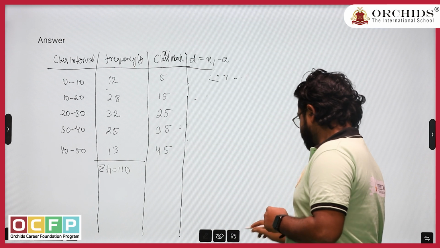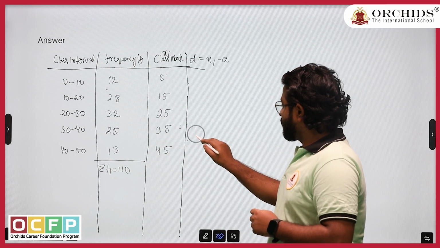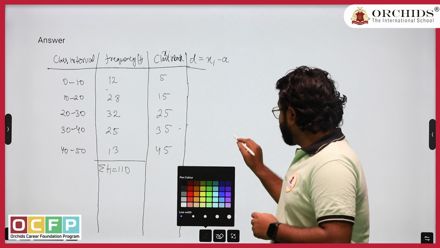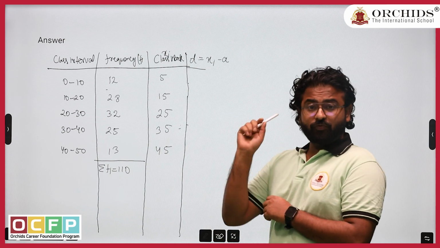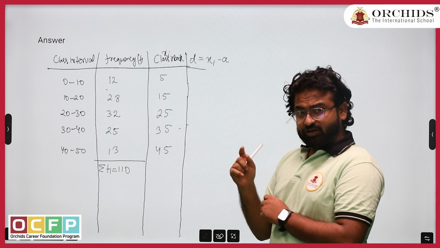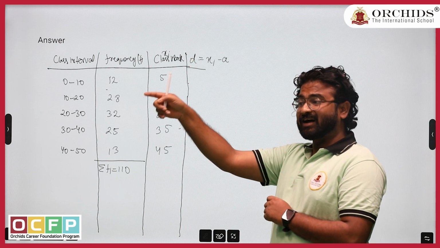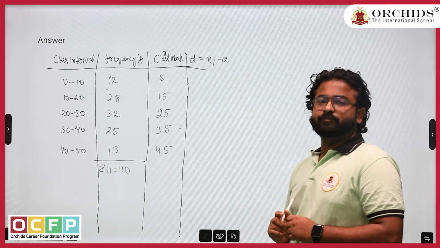That means what? I want to figure out how my mean is getting deviated from the class mark. Your assumed mean is getting deviated from your class mark, so xi minus a it will come.